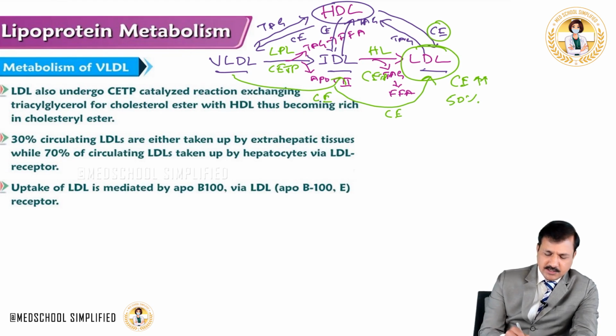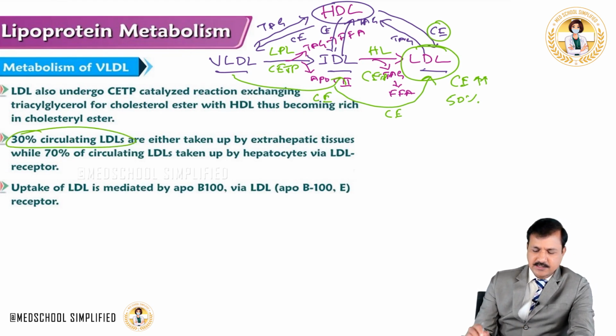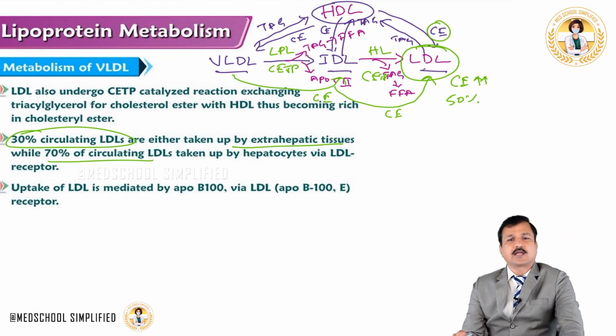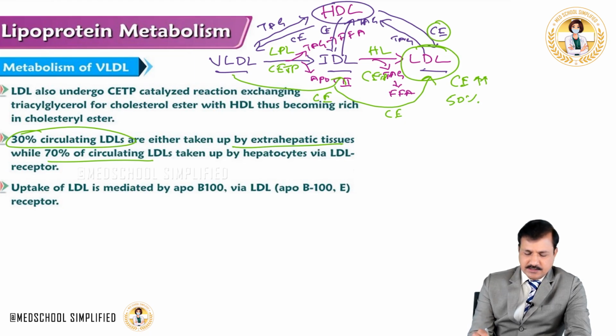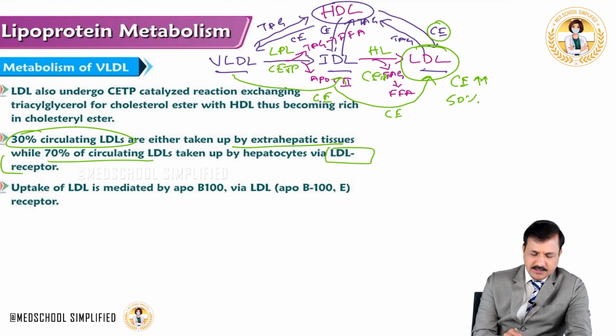Now of the circulating LDLs, 30% are taken up by the extrahepatic tissues, while 70% of the circulating LDLs are taken up by hepatocytes using LDL receptors.